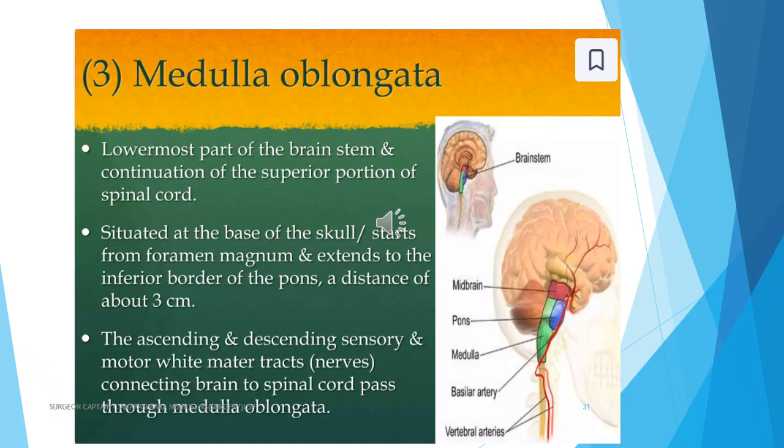So clinically, if you get a medullary stroke, the patient will present with lateral medullary syndrome: dysphagia, hoarseness, vertigo, ipsilateral facial sensory loss, and contralateral body sensory loss. It's an important point in lateral medullary syndrome.